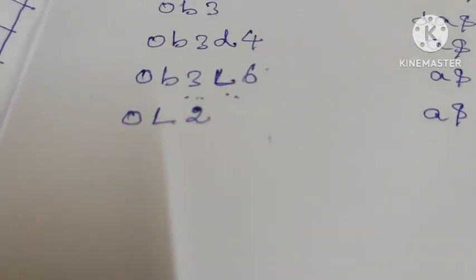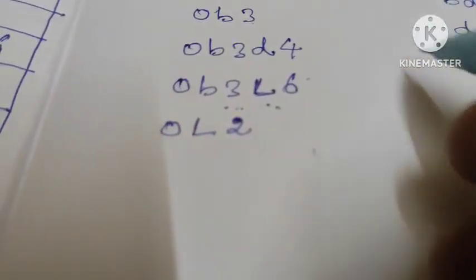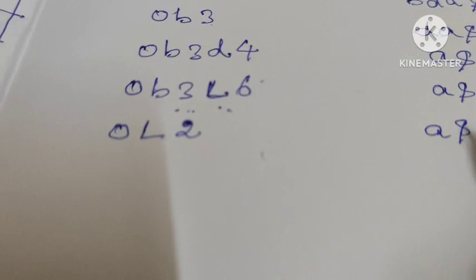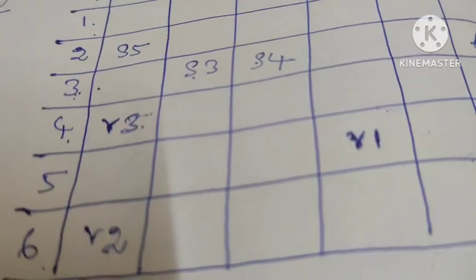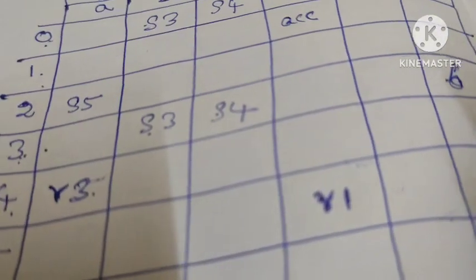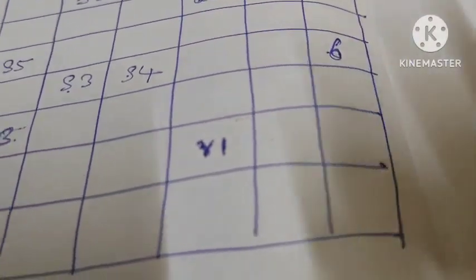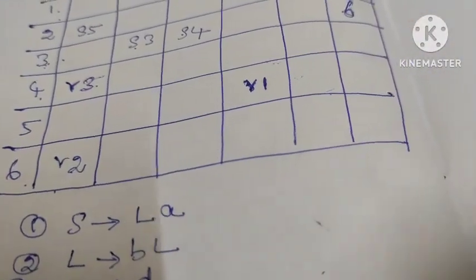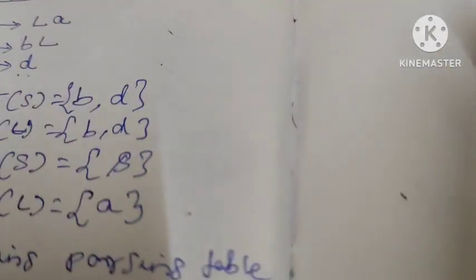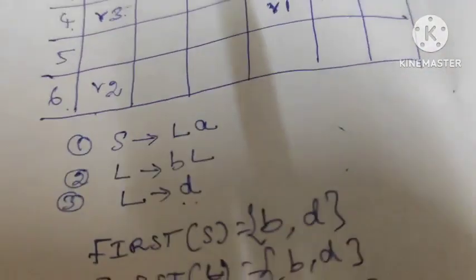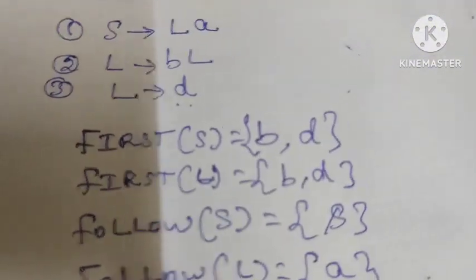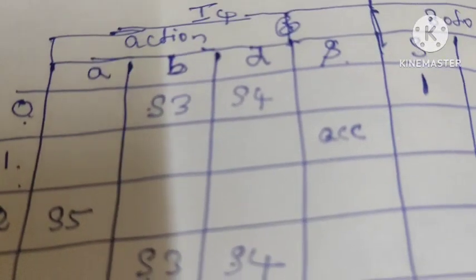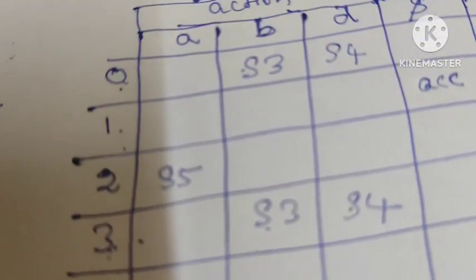Okay. Now listen carefully. Now 2 and A. Now see here, left side you have 2, right side you have A. In the parsing table, 2 and A meets with SY, isn't it?